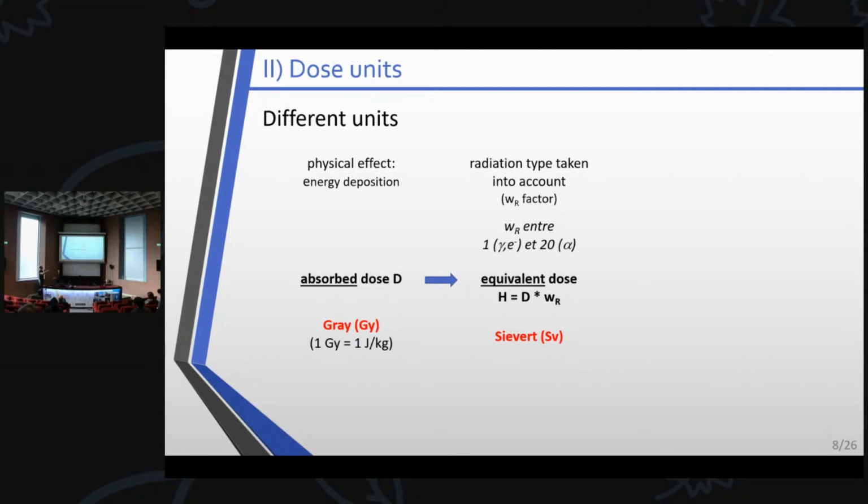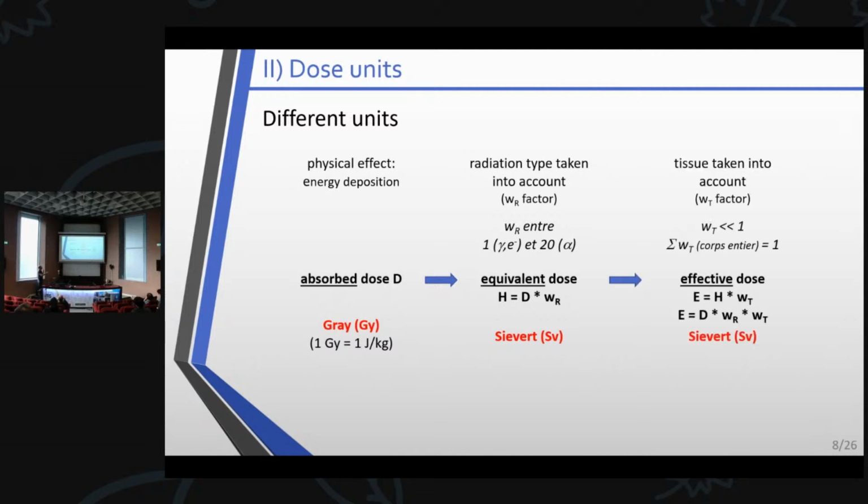For instance, the alpha particles have more impact. Okay, so we define another dose, which is expressed in sieverts, and we can also extract another dose, also in sievert, to take into account a specific risk depending on the organ which is irradiated.